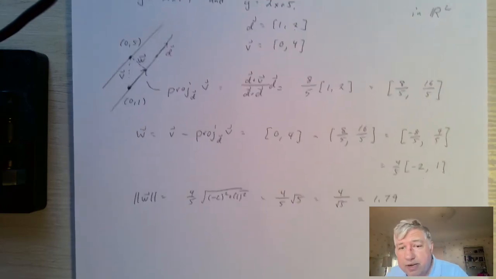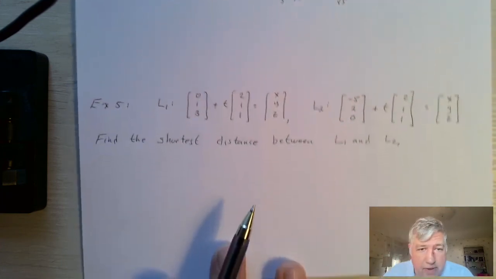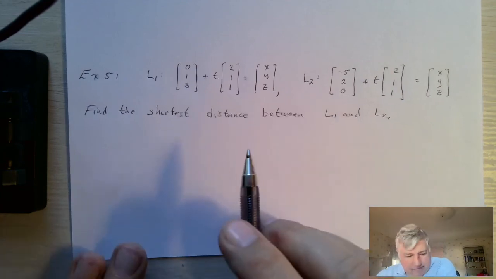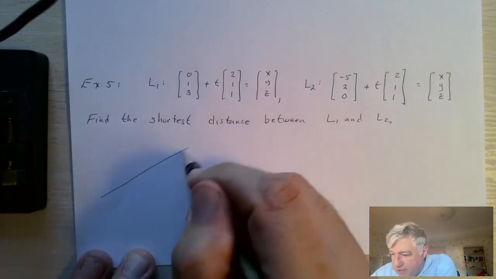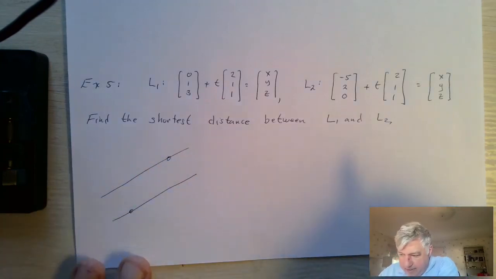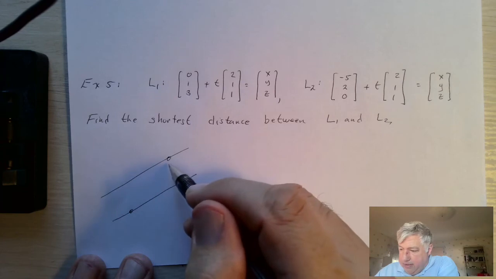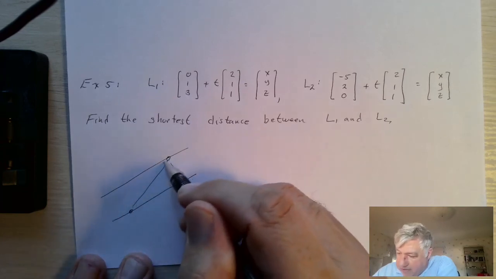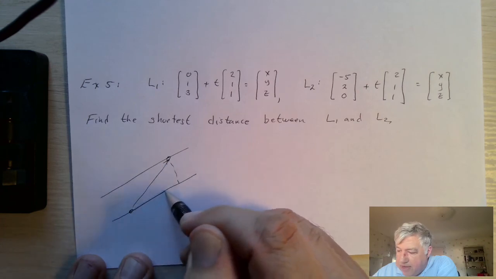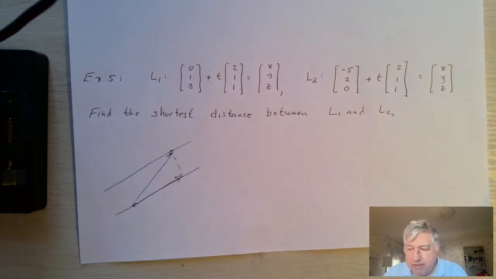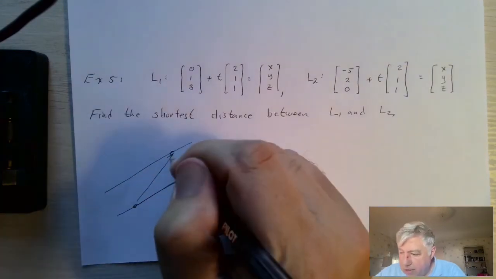I am going to leave you to work mainly on this next one on your own. I will say this, you basically are doing the exact same thing. You have these two lines in 3-space, find 2 points, and then you want to find this distance by first finding this vector, projecting this onto the direction vector, and then taking the difference and finding the length of that difference right here.